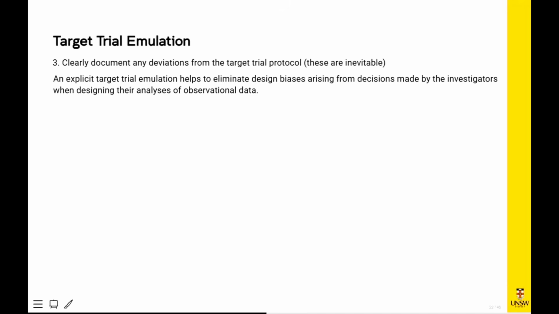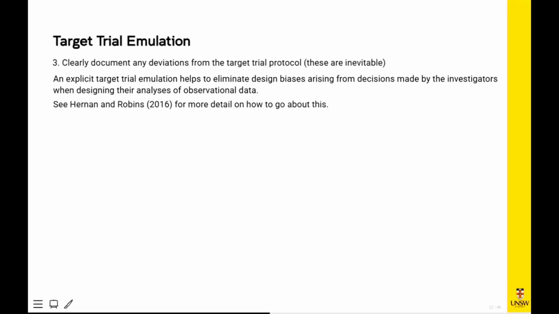And so you can do a really, really good observational study to observe some sort of exposure and its relationship to an outcome if you're doing these target trial emulations.